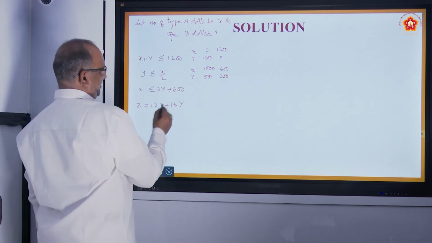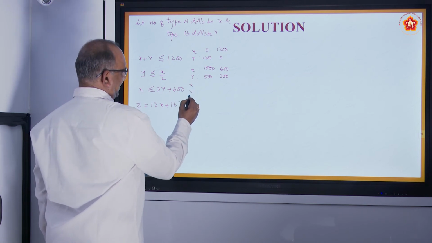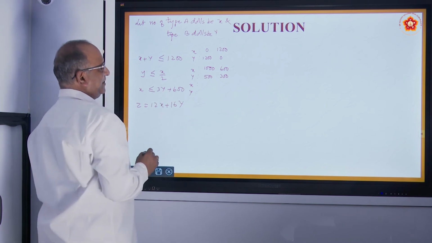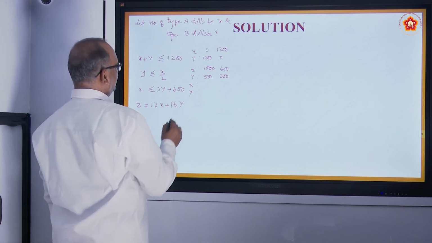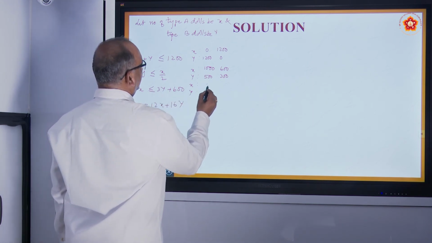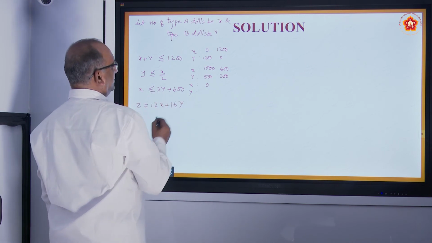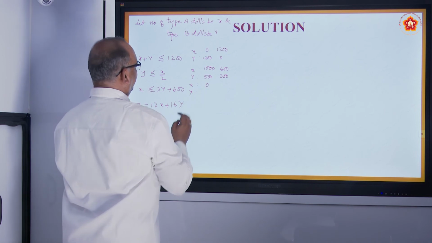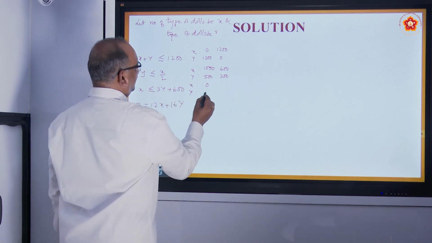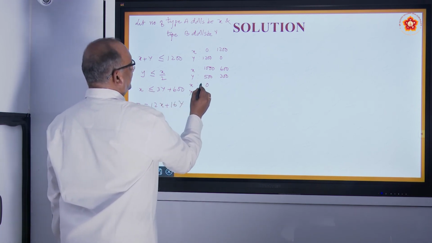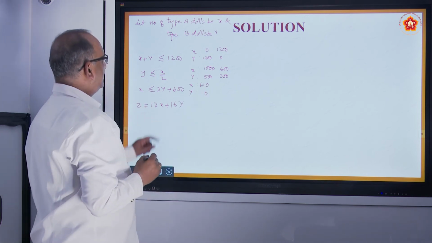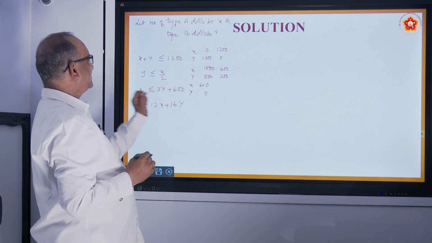Come to this third one. Take X and Y values. X equal to 3Y plus 600 will be the equation. Suppose if X is 0, don't take negative values. Suppose Y is 0, X will be 600. If Y is 0, X is 600.